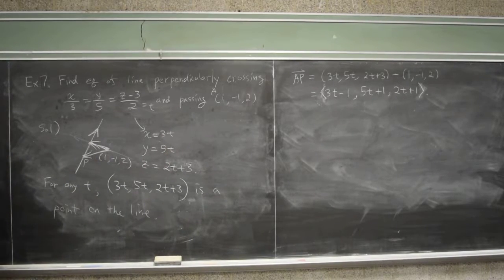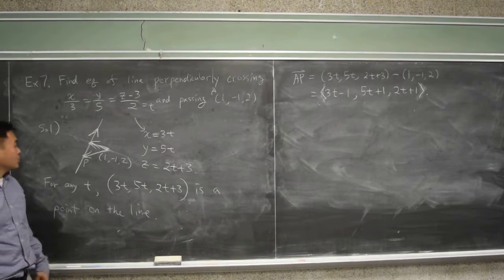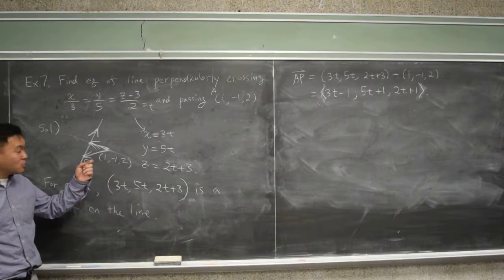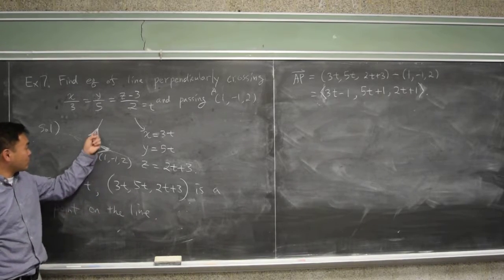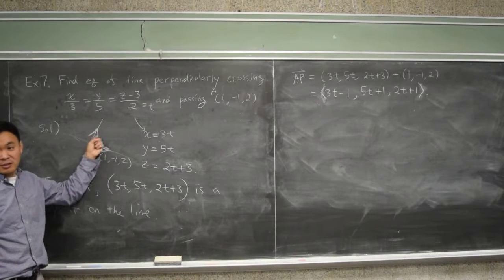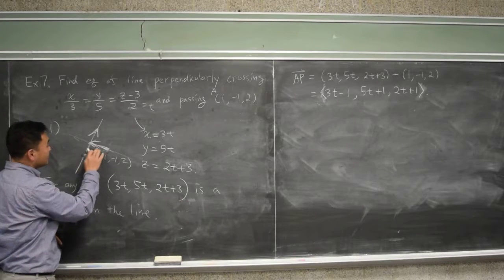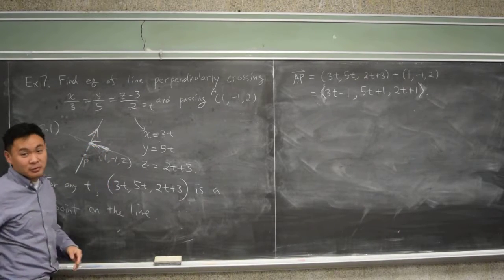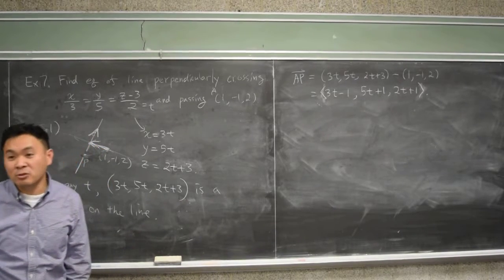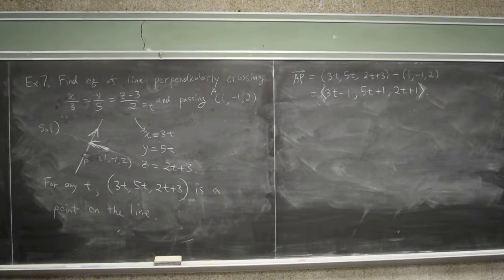Now what do we want these two vectors to satisfy? I want these to be perpendicular. What's an easy way to say that they're perpendicular? Dot product. If you have two vectors whose dot product is 0, that means they're perpendicular, right?